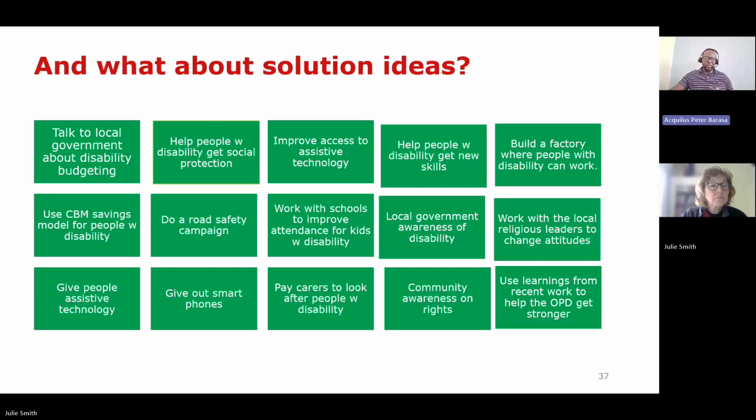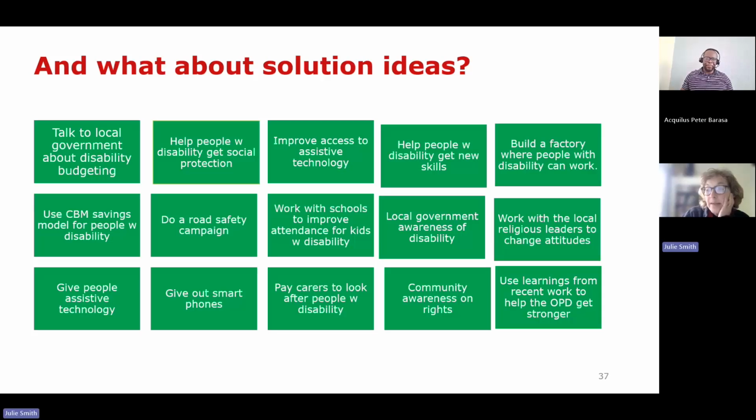I'm reading across the top: improve access to assistive technology, help people with disability get new skills, build a factory where people with disability can work, use the CBM savings model for people with disability, do a road safety campaign, work with schools so more kids with disability can attend.